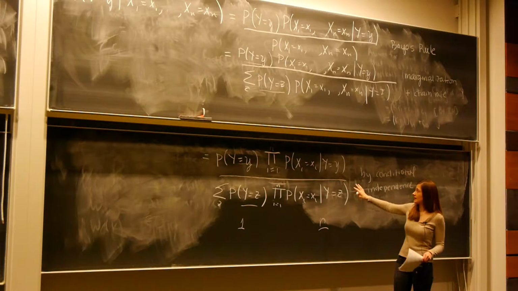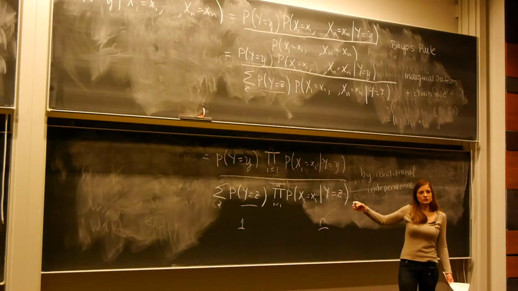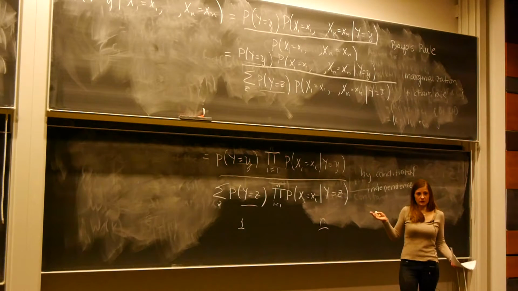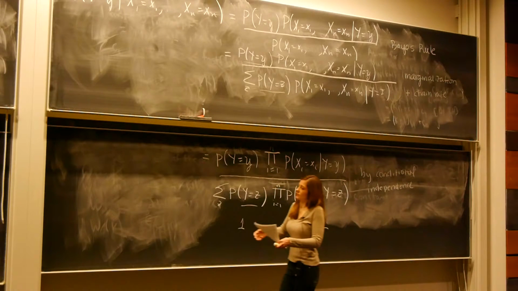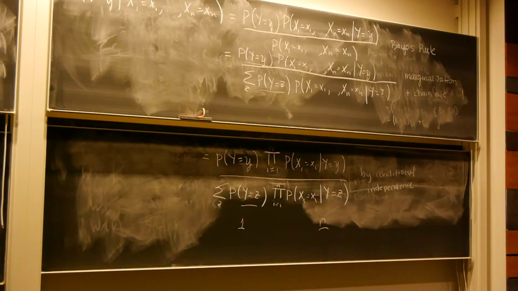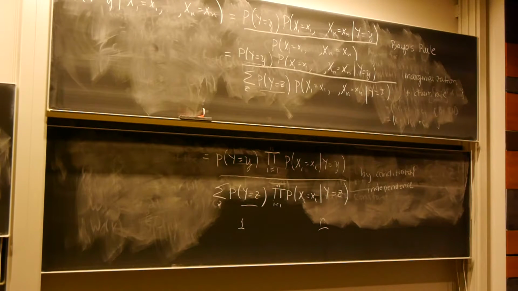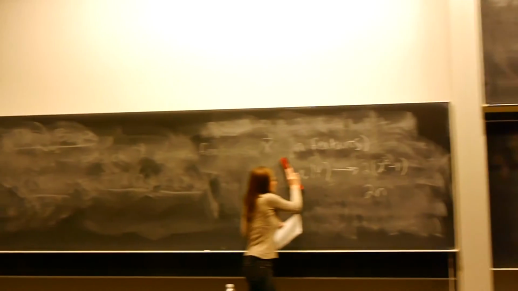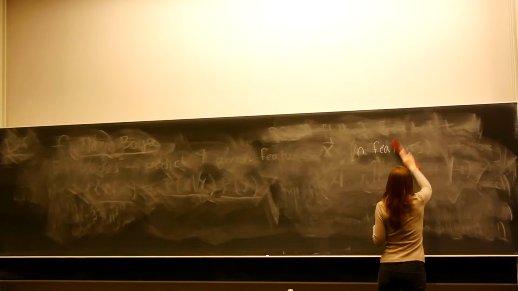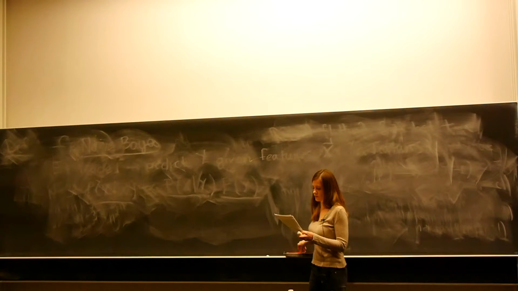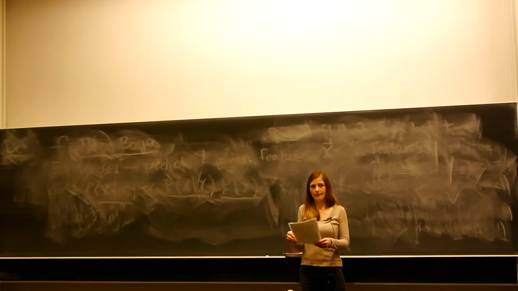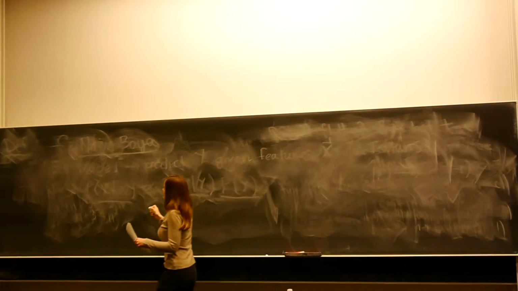So we'll talk about how to specify different models with different types of features and how to estimate the parameters of a model so that you have a fully trained model. Questions so far?